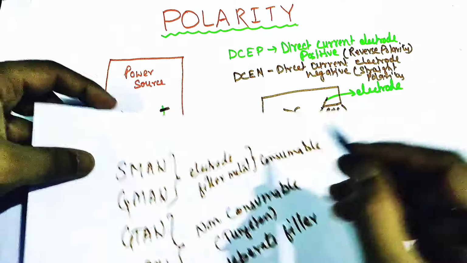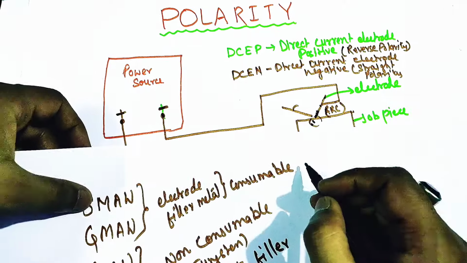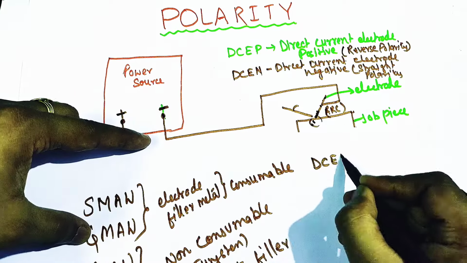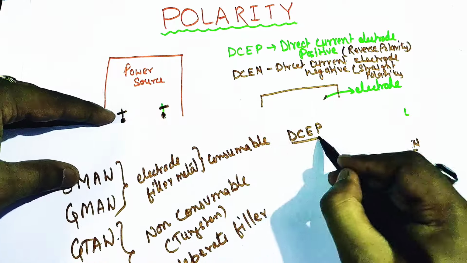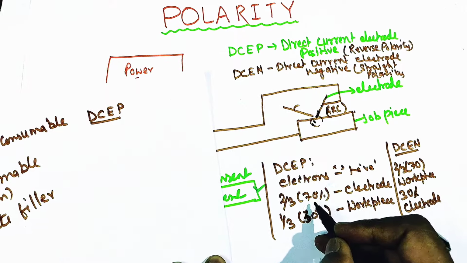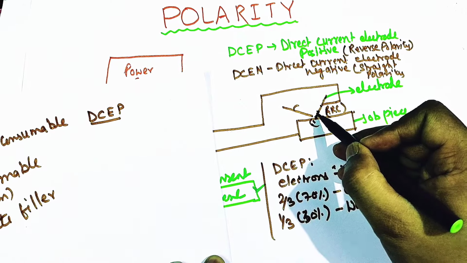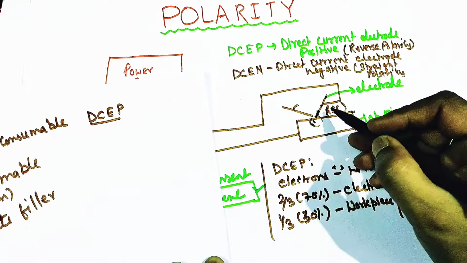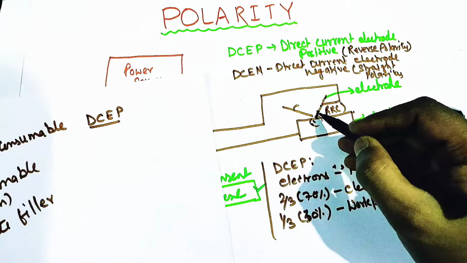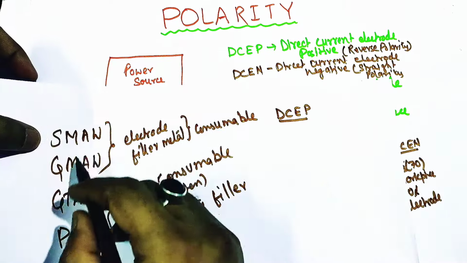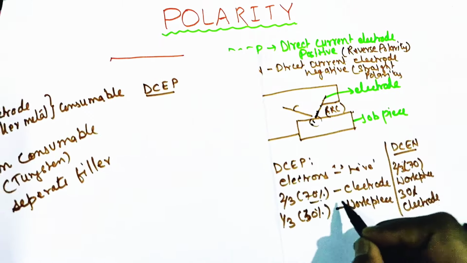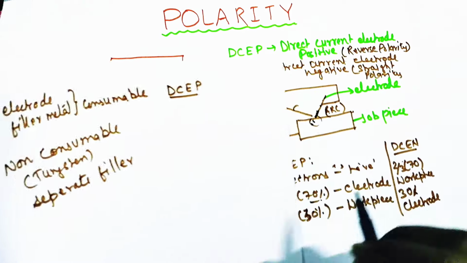Hence, for SMAW and GMAW, we use DCEP mostly because in DCEP 70% of heat will be concentrated at the electrode, and here our intention is to melt the electrode. The electrode will act as filler metal itself, and hence we have to melt the electrode. So in GMAW and SMAW we use DCEP, direct current electrode positive, because 70% heat is concentrated at the electrode.